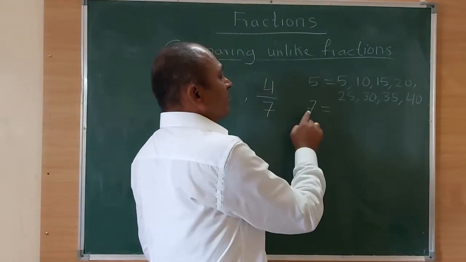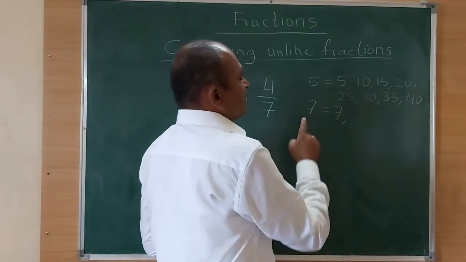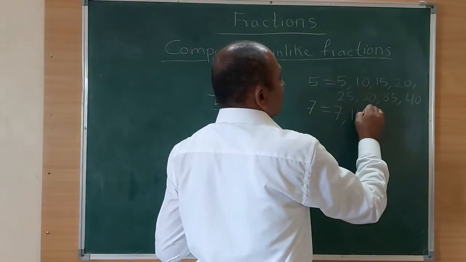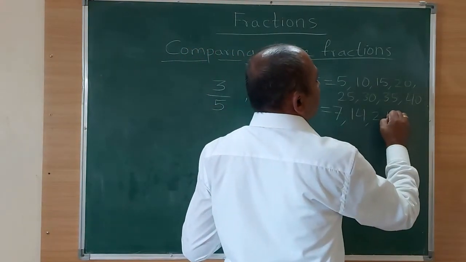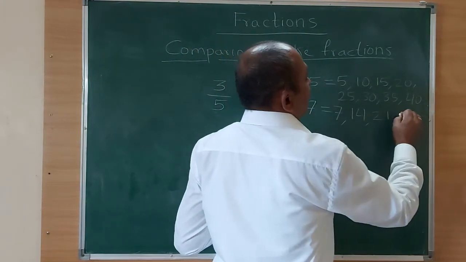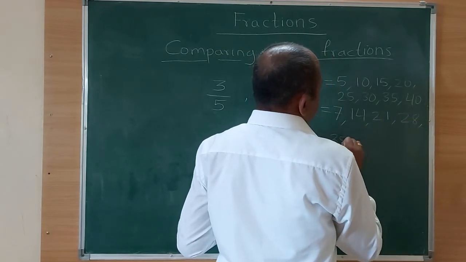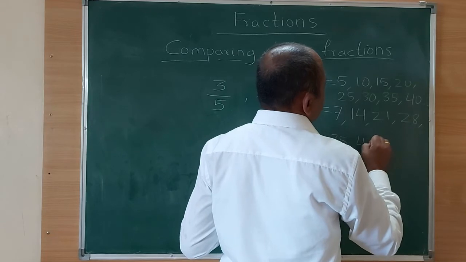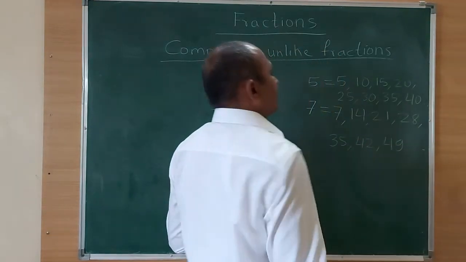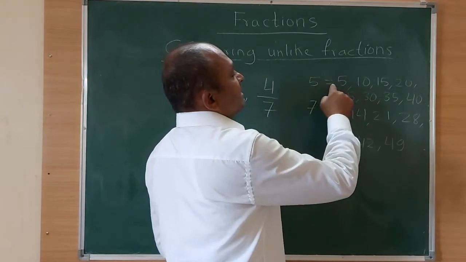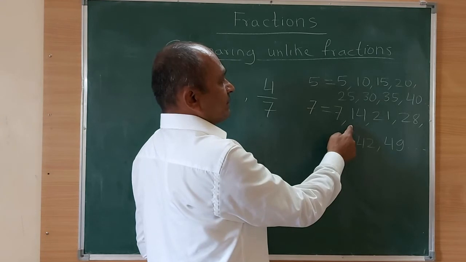Now I will write the multiples of 7. 7 1 times is 7, 7 2s are 14, 7 3s are 21, 7 4s are 28, 7 5s are 35, 7 6s are 42, 7 7s are 49, and so on. For the time being I will stop here. Means these are the multiples of 5 and these are the multiples of 7.